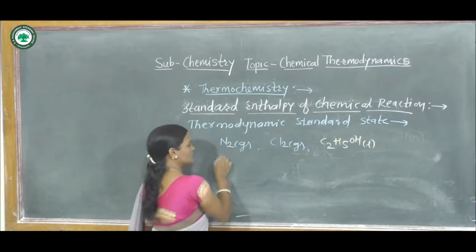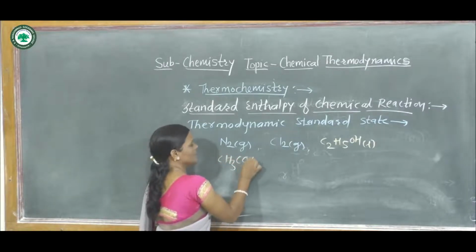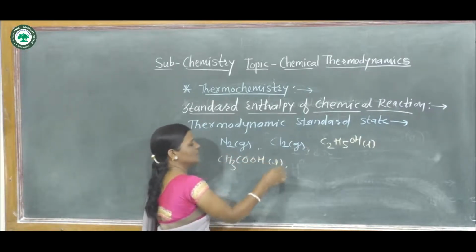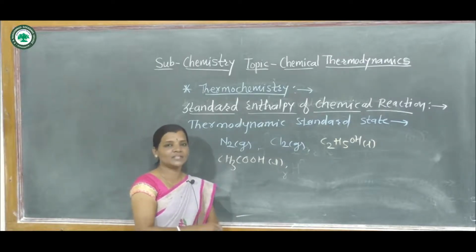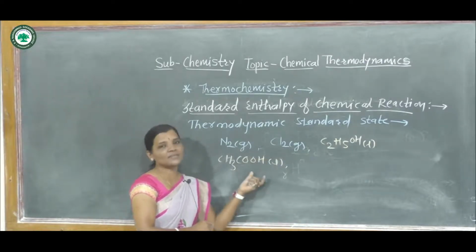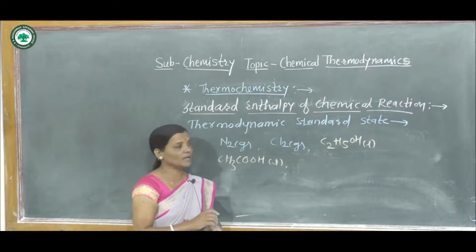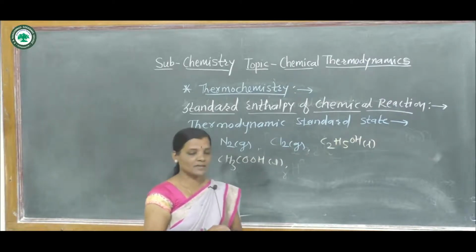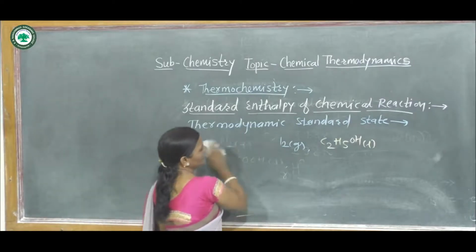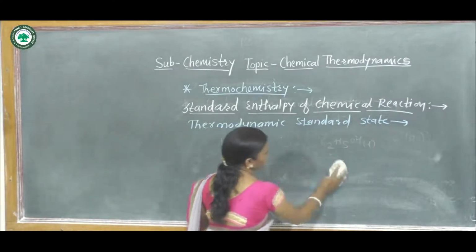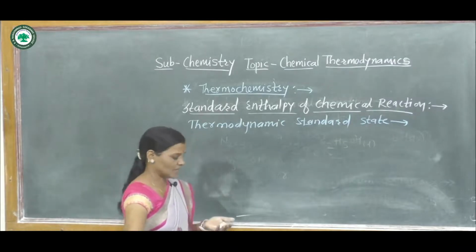For example, acetic acid also exists in liquid state at 1 bar and 298 Kelvin temperature. So these are the standard physical states. And now we have to consider the next concept, thermochemical equation. What is a thermochemical equation? Let us see that.